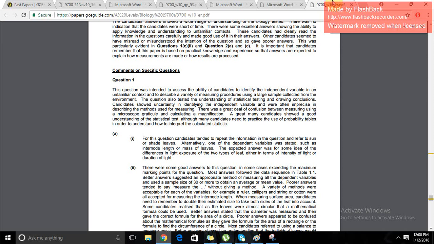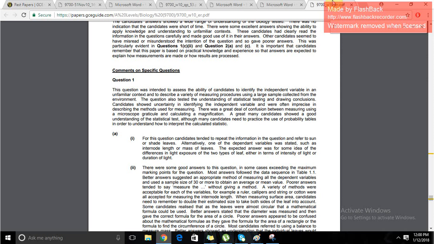It also tested the understanding of statistical testing and drawing conclusions, and candidates showed uncertainty in identifying the independent variable and were often imprecise in describing the methods for measuring.